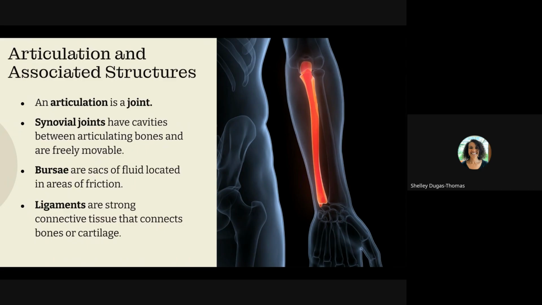Synovial joints are fluid-filled, freely moving joints. Bursa or burso are fluid-filled sacs that act as friction reducers. If they get inflamed from repetitive motion, a patient develops bursitis. Ligaments, which we will continue to talk about, are bone to bone.